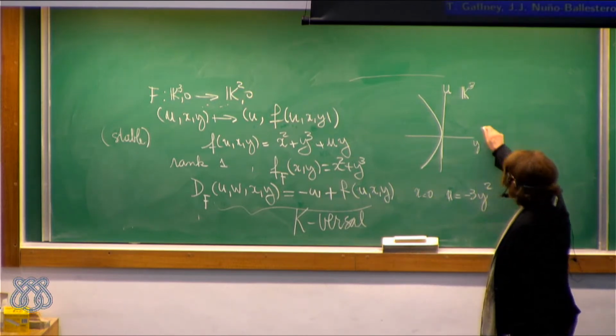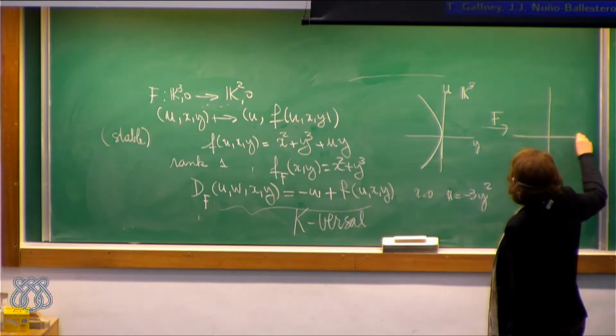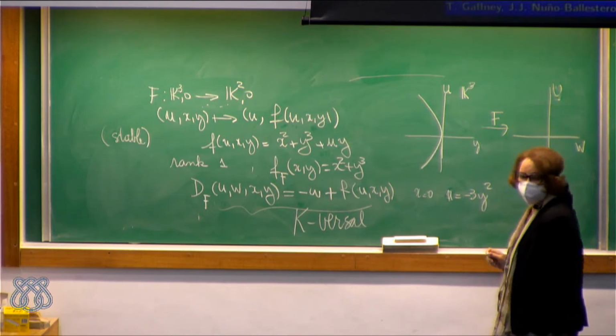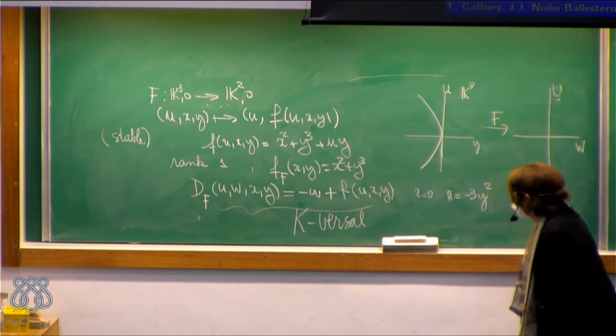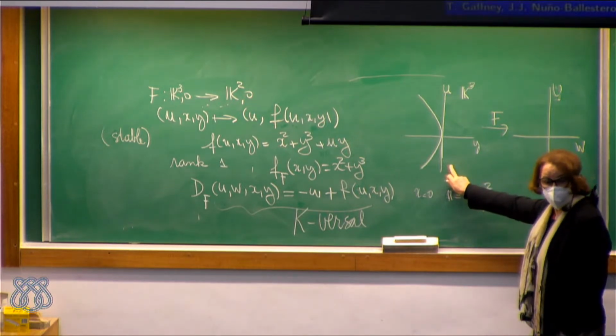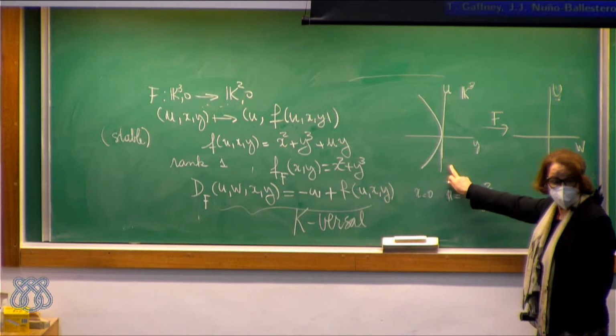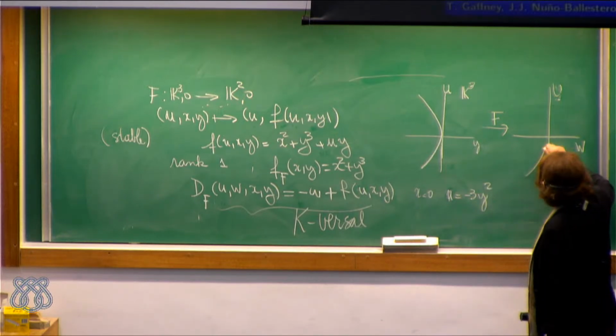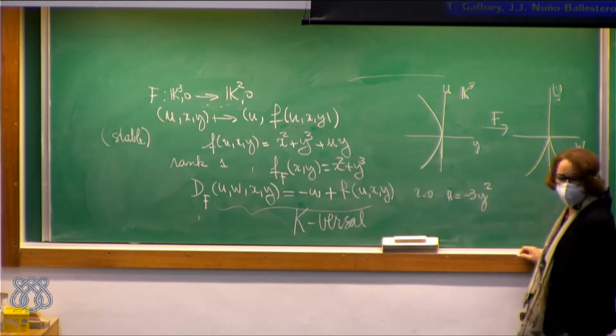And I have the map F that goes to the space with coordinates u and w. If you compute the discriminant of this map, which is the image of the singular set, you get a cusp. This is a good exercise for you.